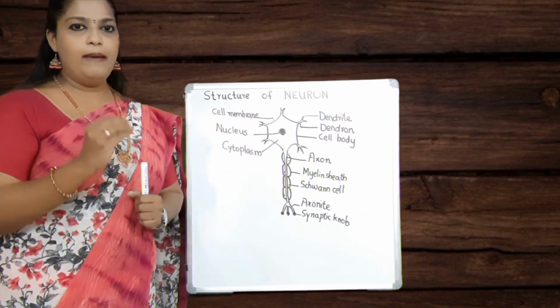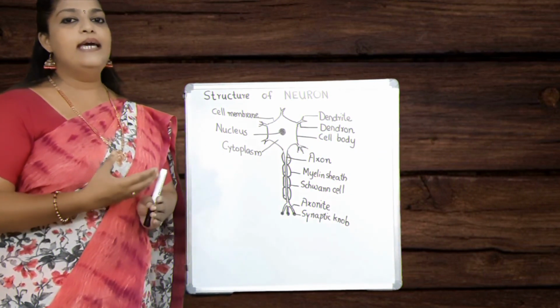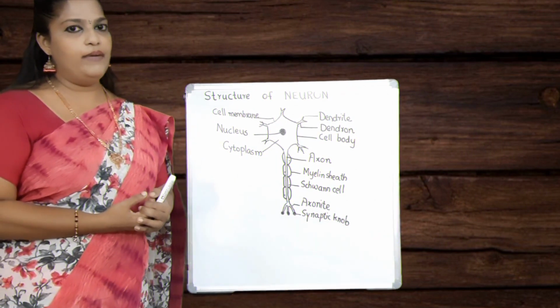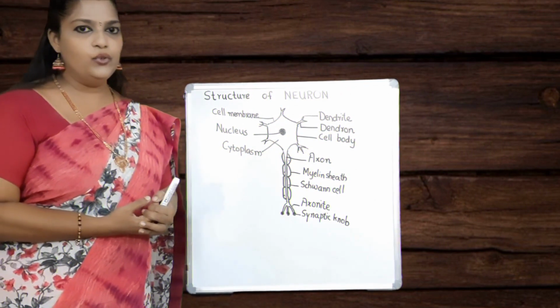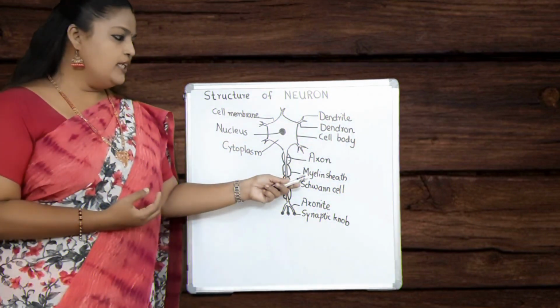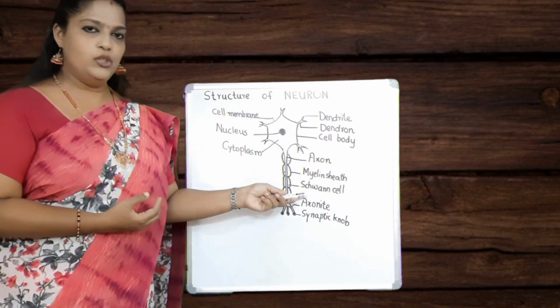Myelin is a thin membrane which wraps around repeatedly to form a thick layer around the axon, and it is made up of lipid. Lipid, as you know, is a fatty product. So this myelin sheath is very thick in nature, and where is it formed from? From the Schwann cell.